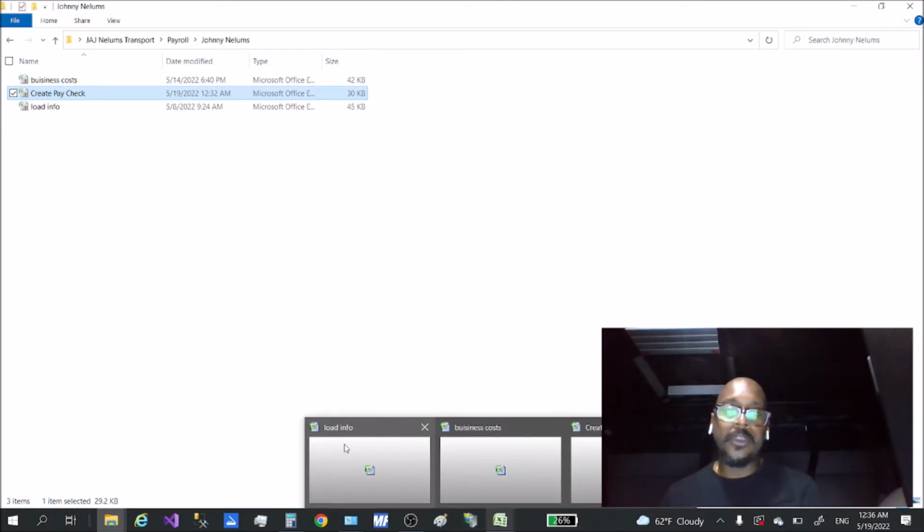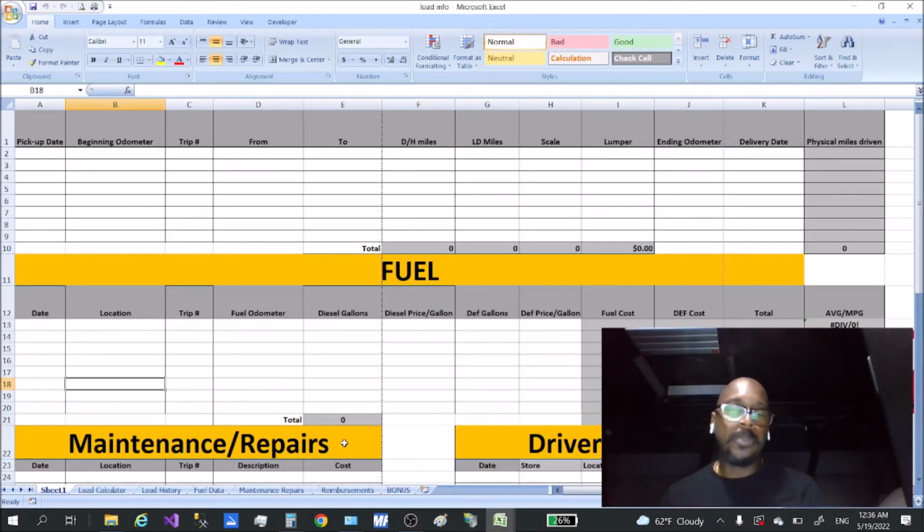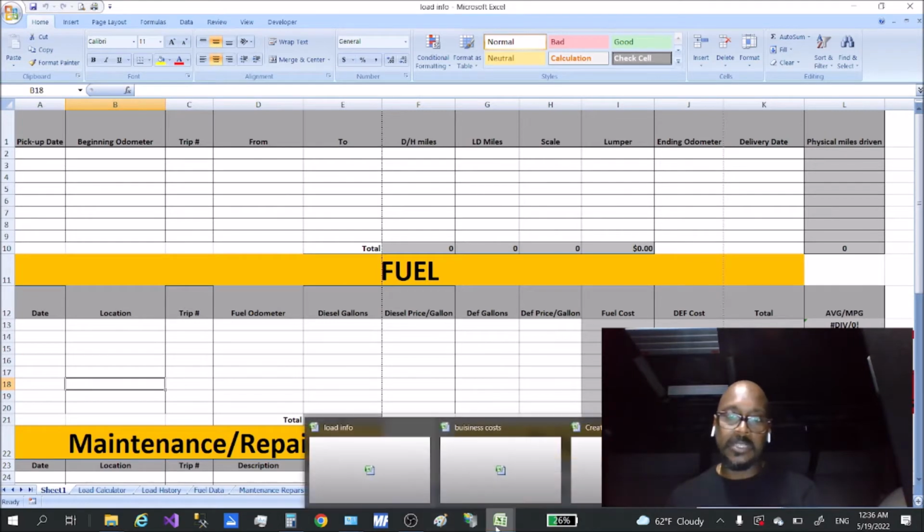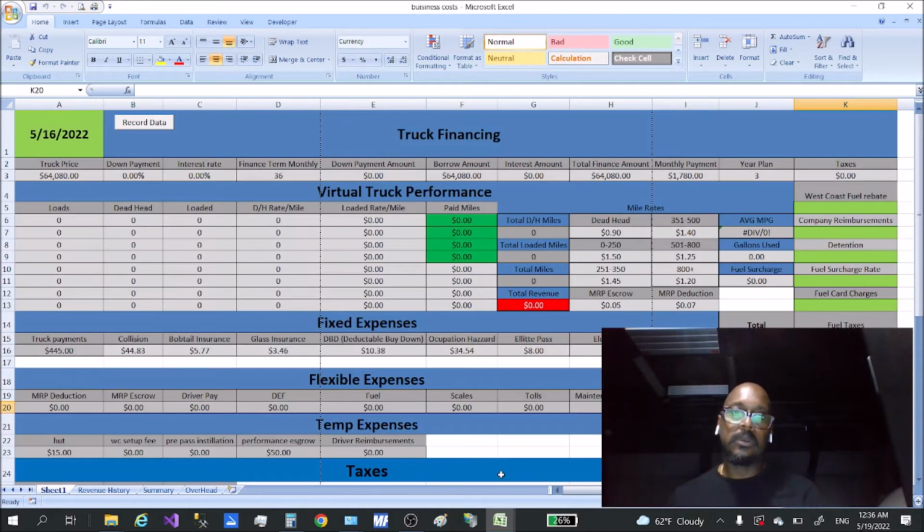Basically, what I have here is where I put my data in. It's a spreadsheet that I just put my data in, and then it carries the information over to a different spreadsheet called business costs. And what that business cost does, it will tell me everything about that load or the loads that I've run for that week.